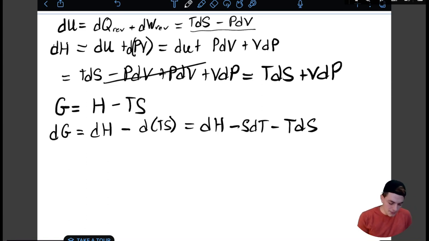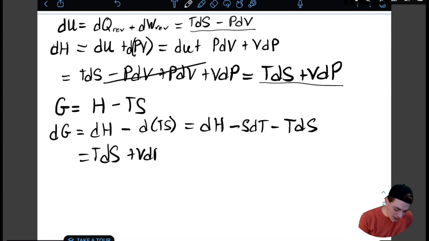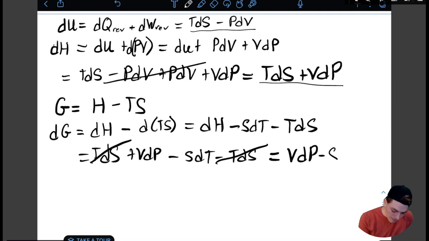Now, again, substituting in our term for the differential of enthalpy that we've already derived, we will get T dS plus V dP minus S dT minus T dS. And again, we will have a cancellation there. There we are. So our differential of Gibbs free energy will be volume times the differential of pressure minus entropy times the differential of temperature.